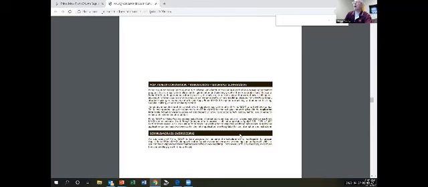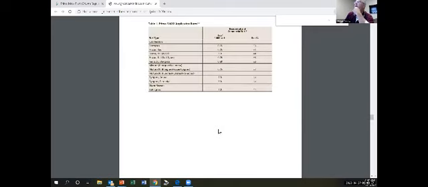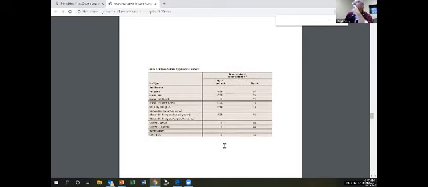But I'm afraid we may have exceeded the label on some of that research. So here, this table is showing us the maximum application rates.